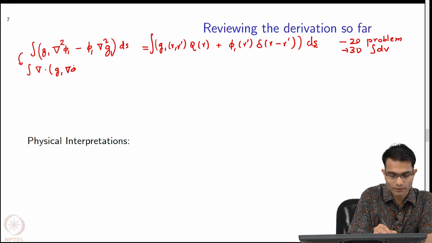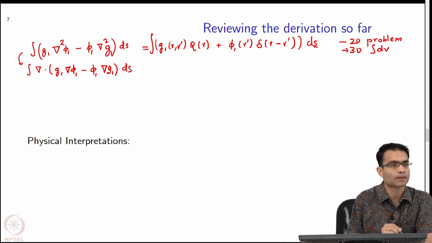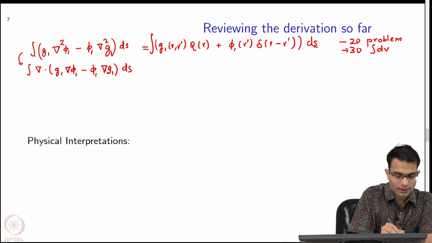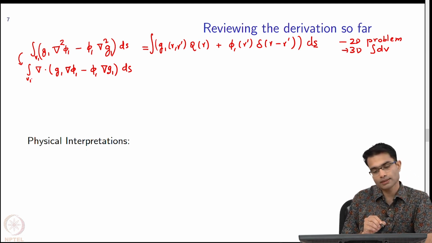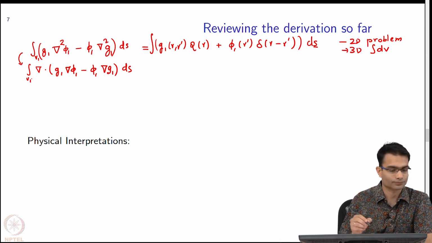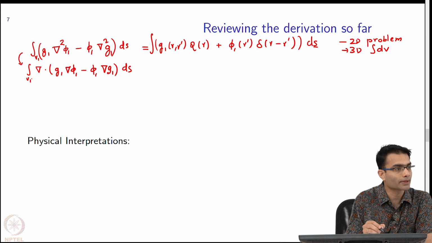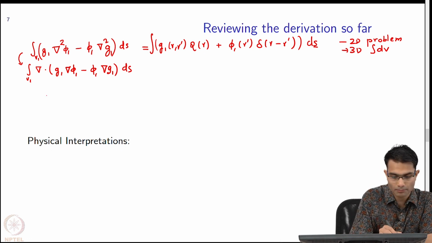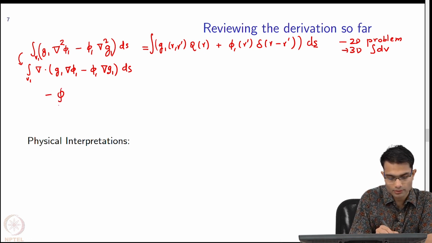G1 grad phi 1 minus phi 1 grad G1, and this remained as it is, right. This was over the entire V1, and then after that we used the divergence theorem in 2D, and that came with a minus sign, right. So this became minus integral, right, over S.